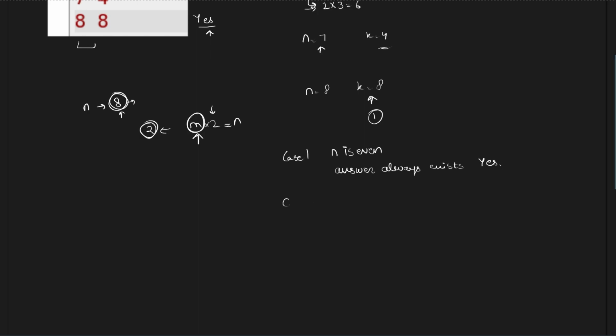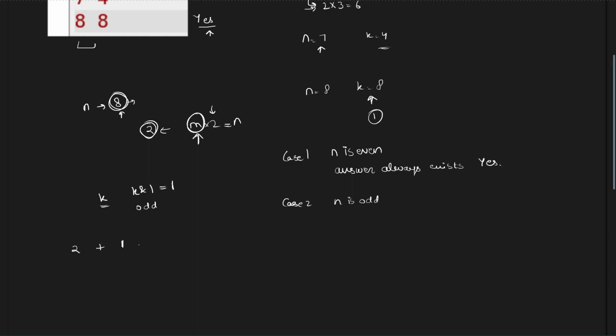Now the second case is when n is odd. How can we solve this case? When n is odd, our answer will depend on k. If k is also odd, then we already have an even number and an odd number.